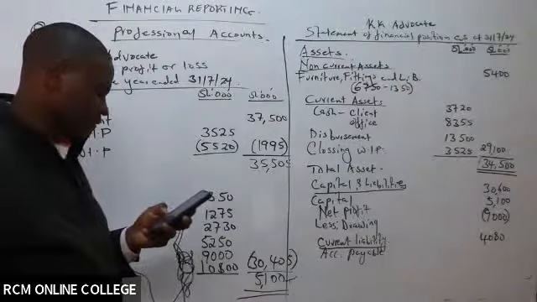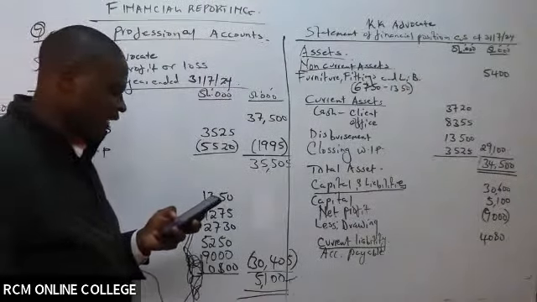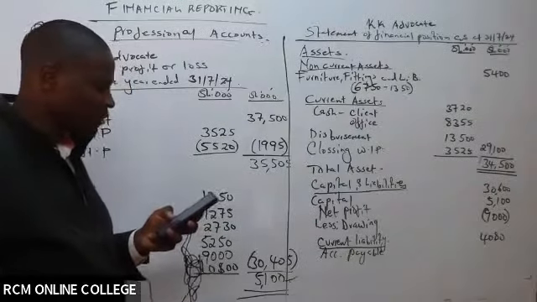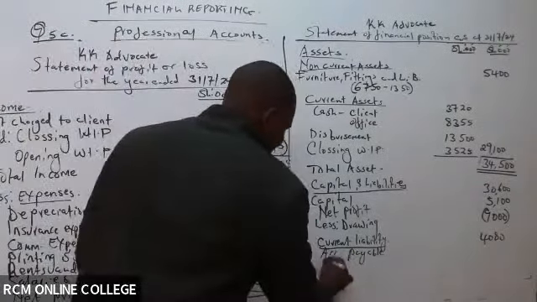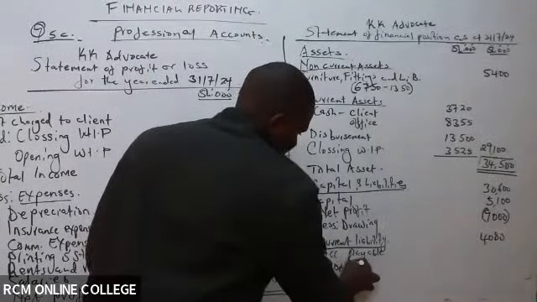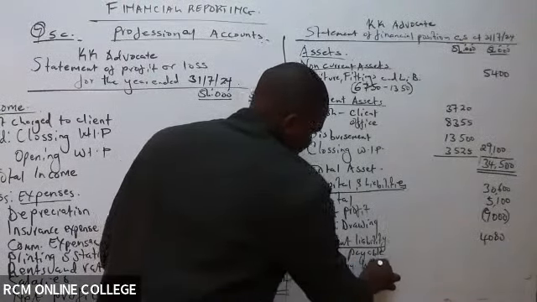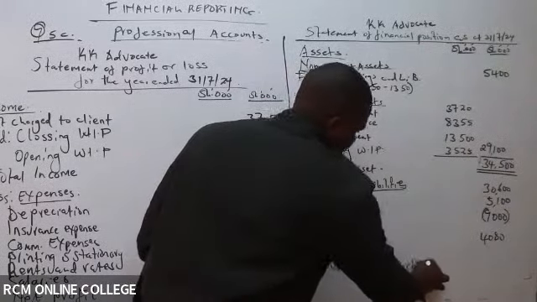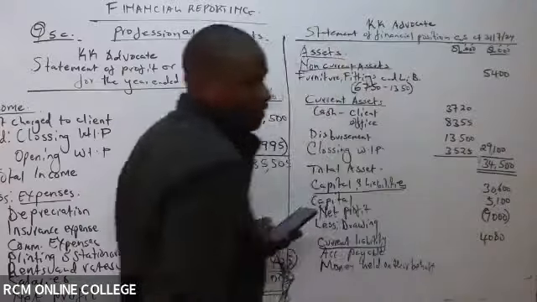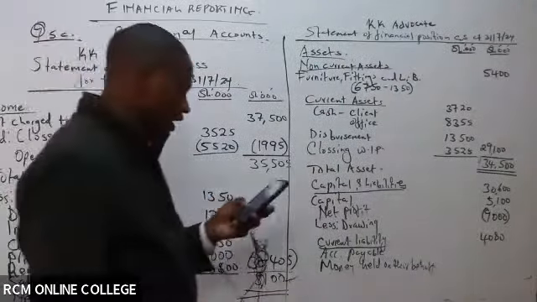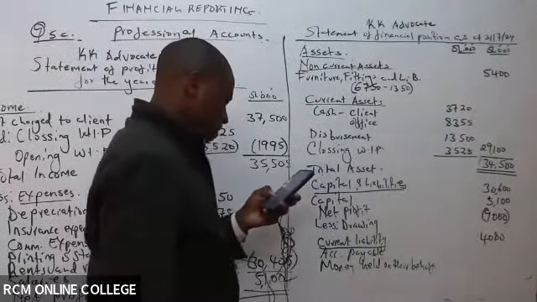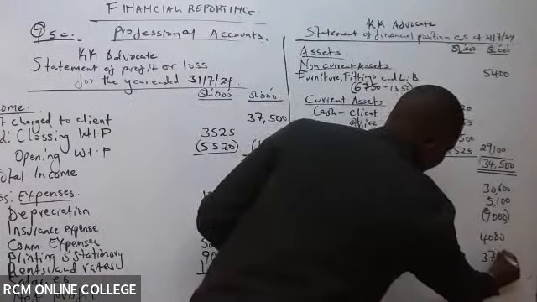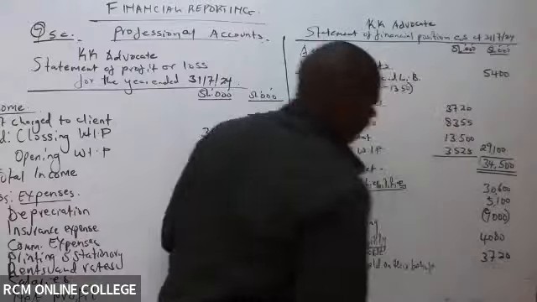We have the client, money held on behalf of the client. Sasa hiyo si ni liability kwa hii advocate. Na ni ngapi? That's 720.